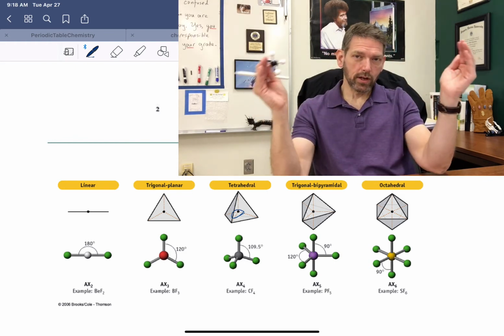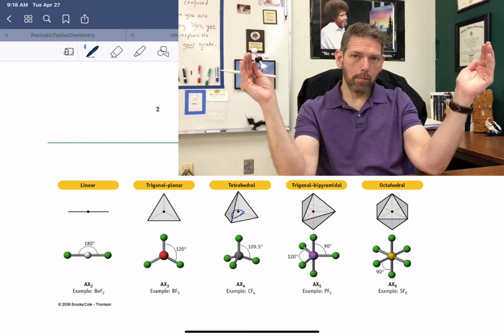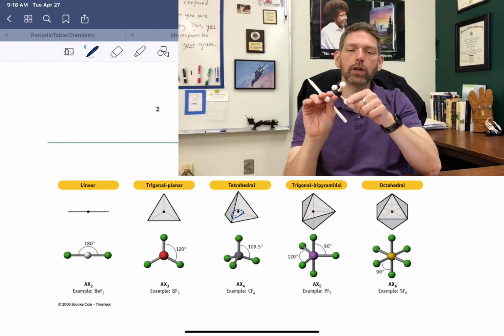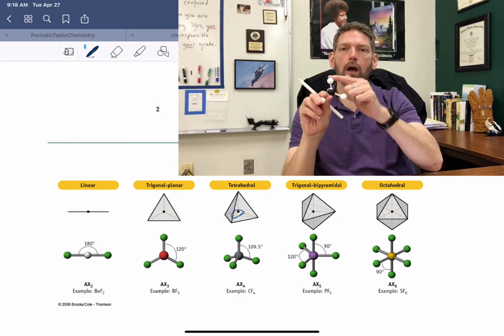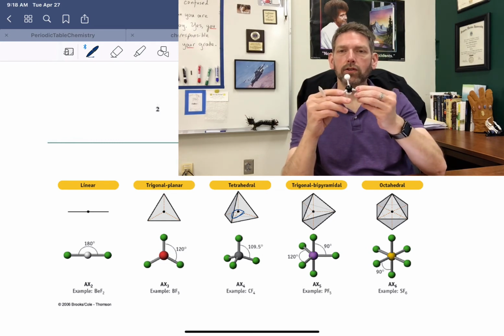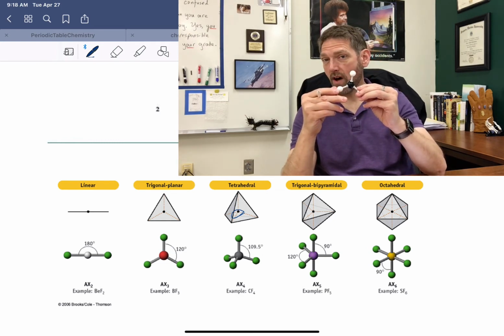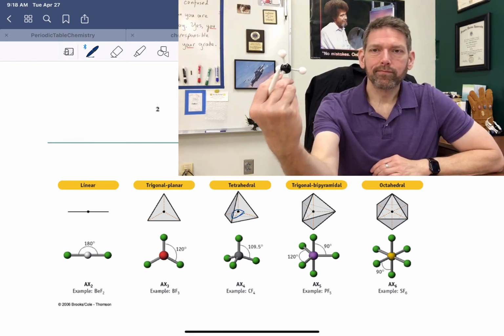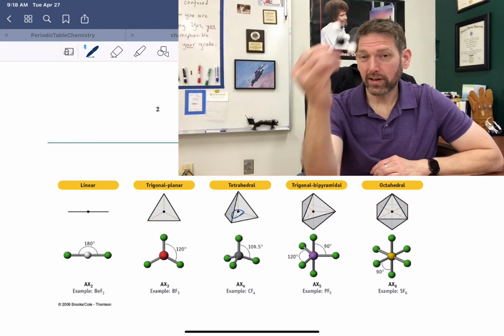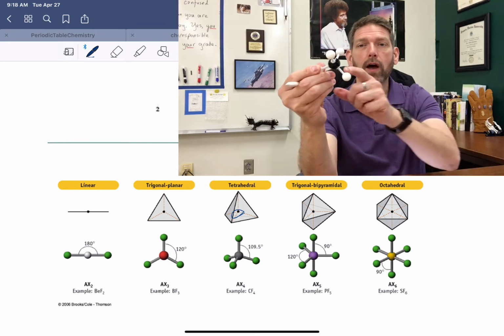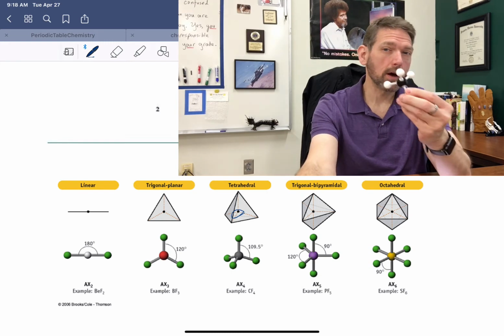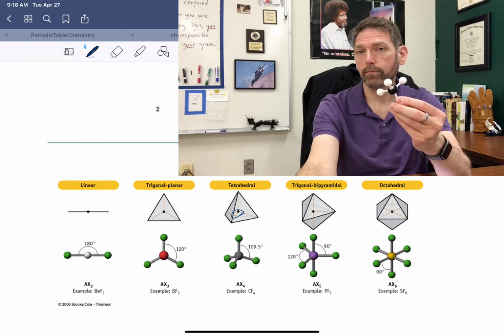But as the electrons get closer together, they repel back away from each other. And so they're pushing and pulling and repelling on all these sides. And so it averages out to about 109.5 right there. Okay, so we got tetrahedral form where you've got a central atom and 4 atoms attached. You're going to get that 109.5 degree angle.